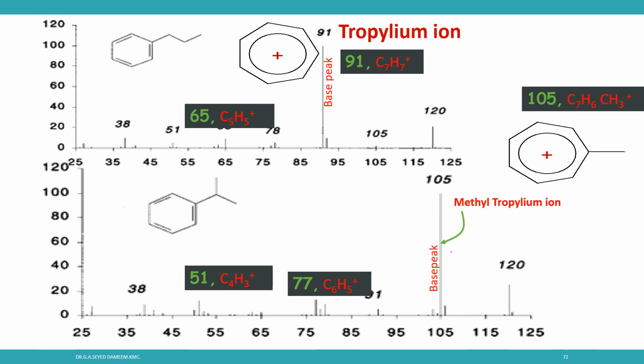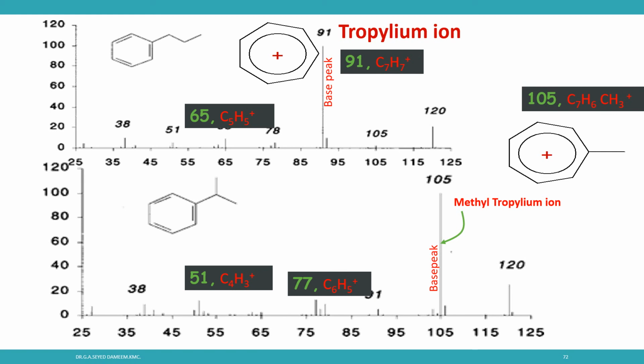But in the case of isopropylbenzene, by the loss of a methyl free radical, CH3, it gives the methyl tropylium cation with mass 105 and the formula C7H6CH3+. That ion gives the base peak in the case of isopropylbenzene.